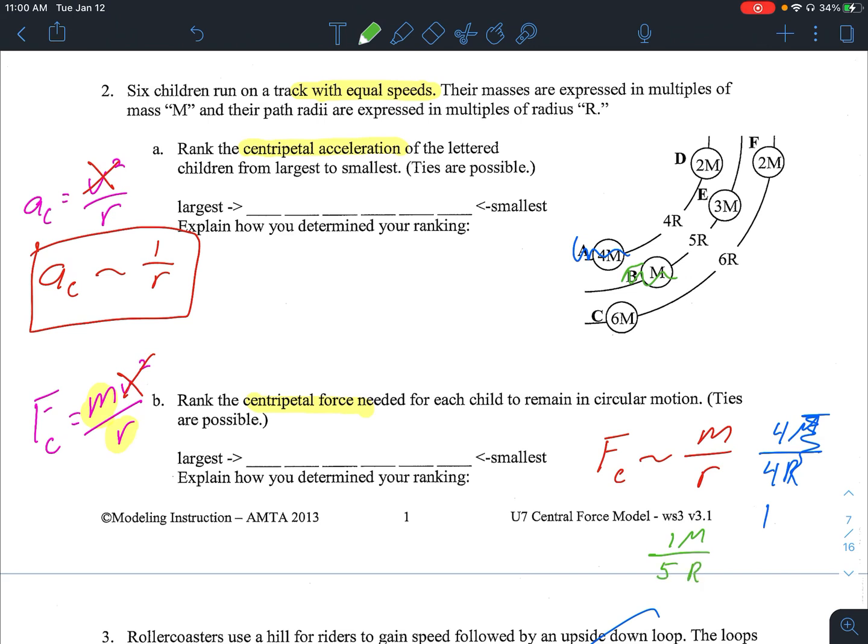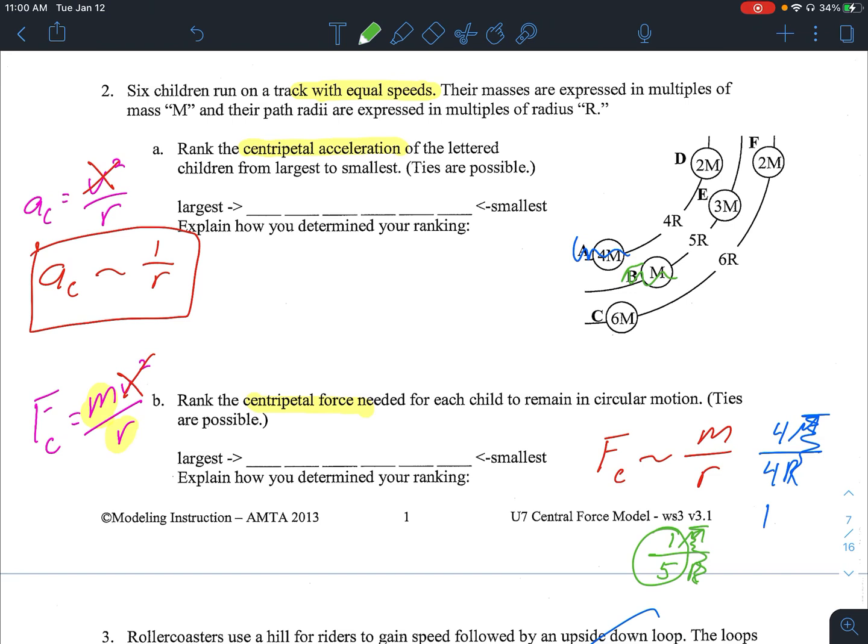So again, the m and the r are consistent with each runner, so it would be 1/5. So definitely runner A, which is the blue, has a larger centripetal force as compared to runner B, where it's 1/5 that of the other runner.